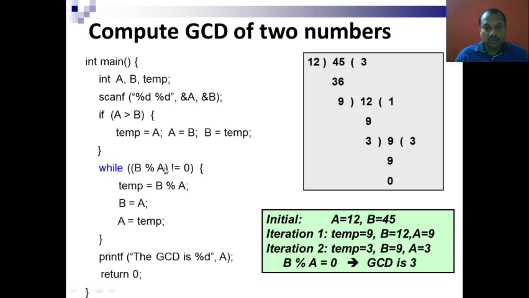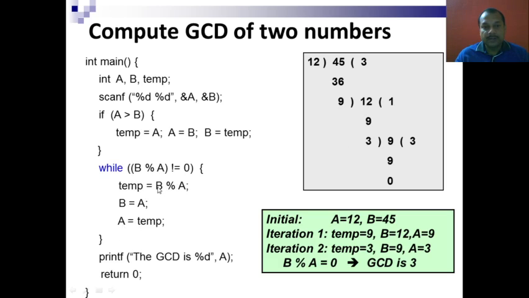So it is true, that means it will go inside. Then B percent A will be evaluated as 9, which will be stored in temp. After storing in temp, the 12 will go to B, and 9 will go to A, and after that it will go here for the division.